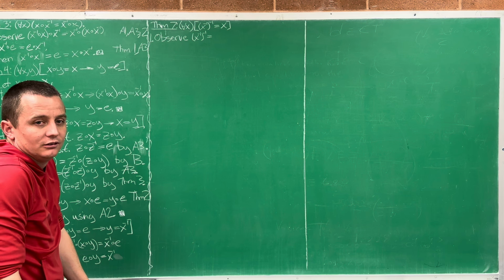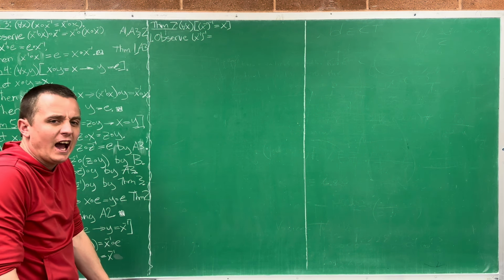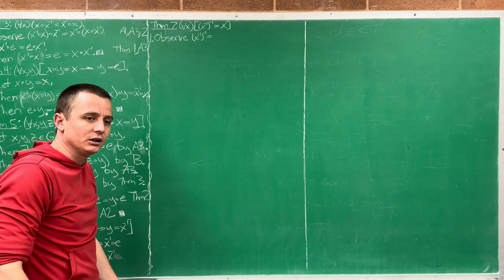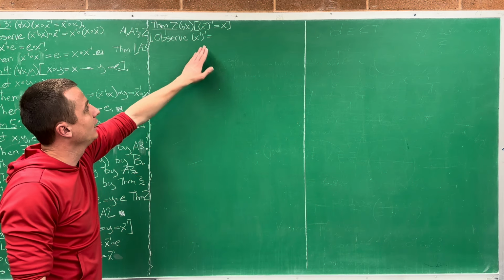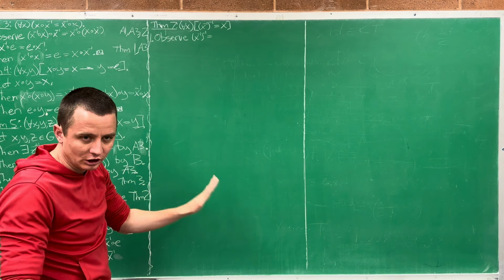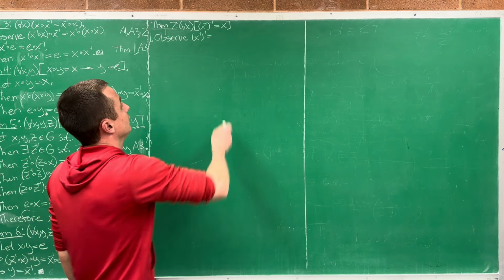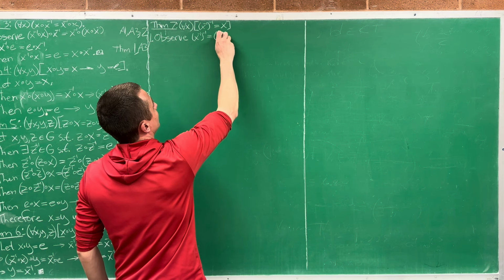What can you circle to this and be guaranteed you never change it? E. So let's start with that. That's the only way we can really start messing with this.